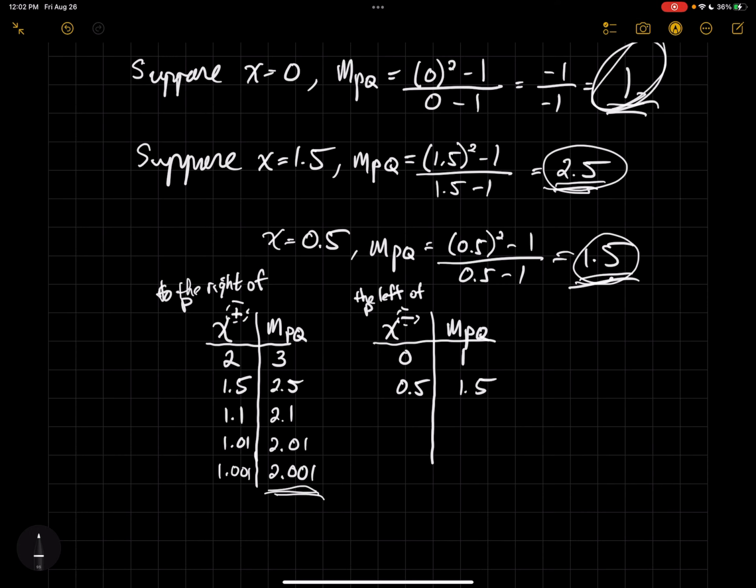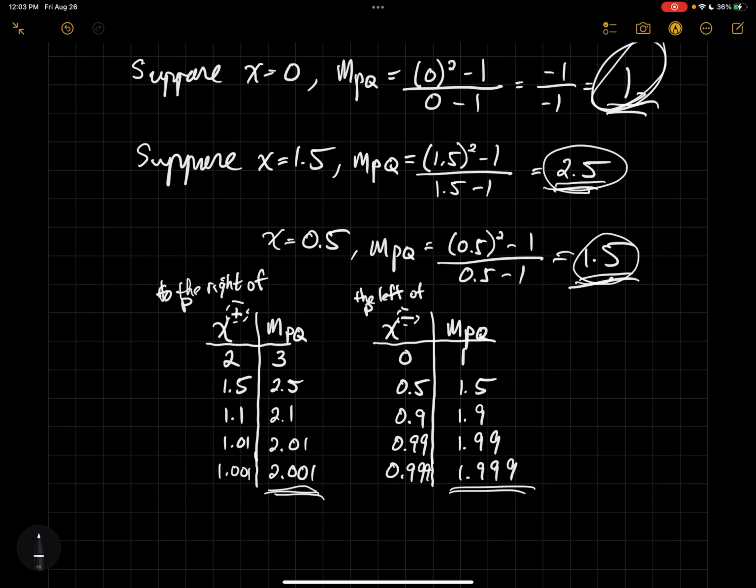But we can look at additional values of x that are to the left of P. We can look at x equals 0.9, 0.99, and 0.999, okay? And when we calculate the slopes of the secant between P and Q, when Q is at these three additional values of x to the left of P, we get slopes of 1.9, 1.99, and 1.999. And again, what you see is that this slope is approaching a value.